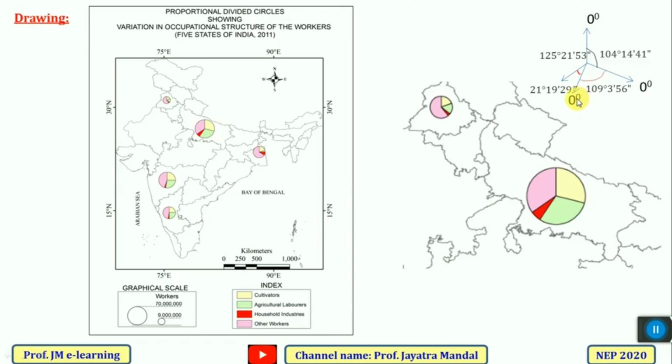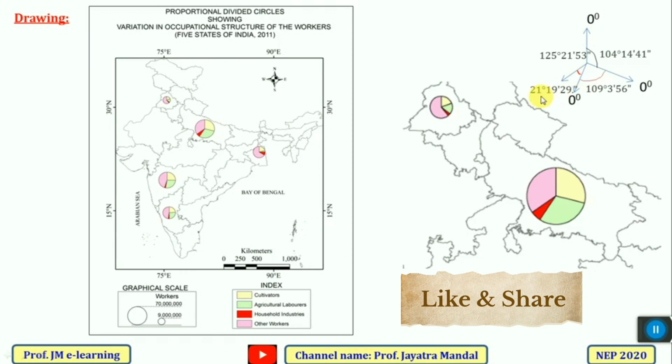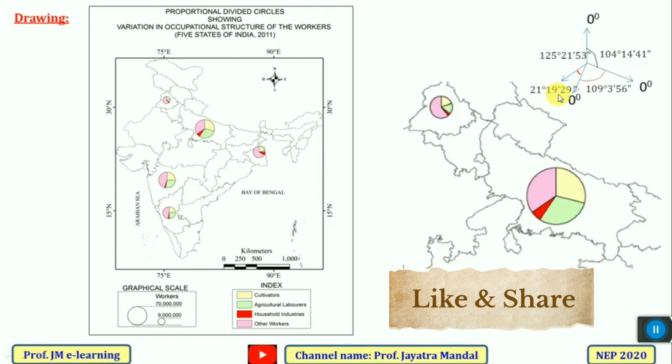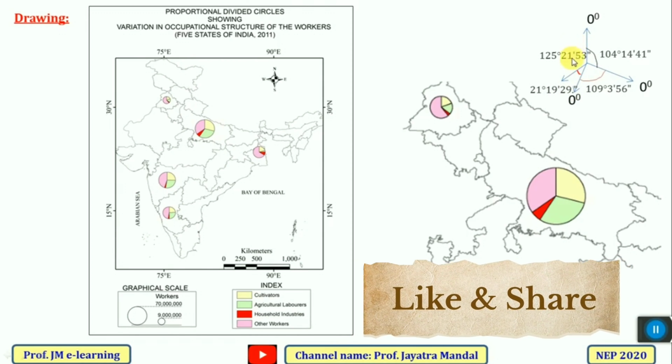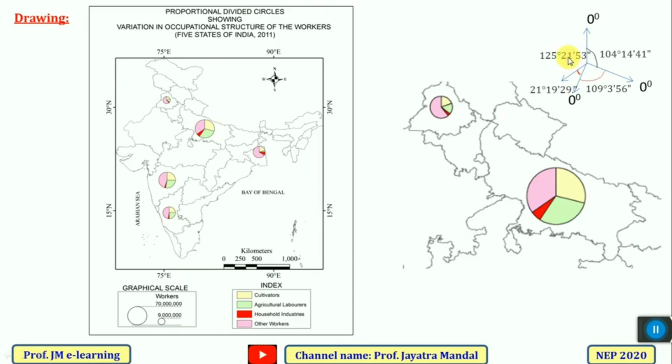Next, this is the base or geographical north or 0 degree, and take the reading for industrial workers, that was 21 degree 19 minute 29 second, and the remaining part is other workers. In this way, you will have all 5 circles and their corresponding angular values.